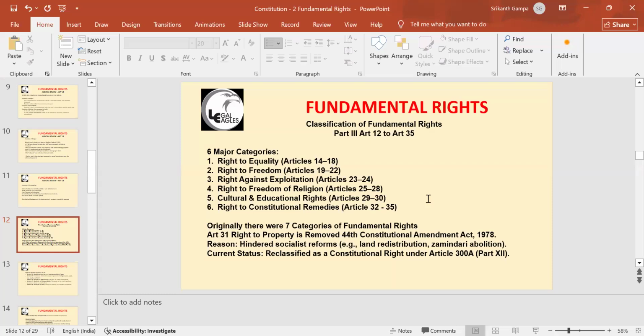We should know who are there to protect our fundamental rights. Then Article 13 is judicial review, because anything in violation of fundamental rights will be invalidated. So for that purpose, we have read Article 12 and 13, very important for the AIBE examination.